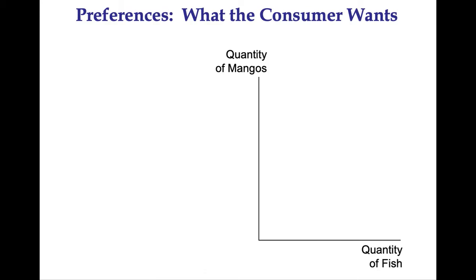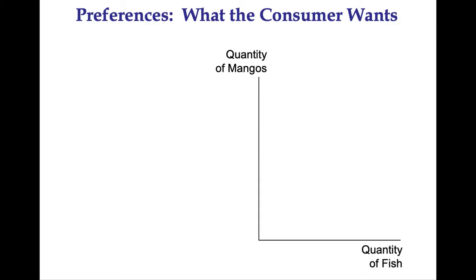So when we talk about preferences, we mean the satisfaction and well-being of the consumer. Besides the budget limitations, this is the second factor that affects consumer decision making: what he wants, what he prefers. So his preferences mean his satisfaction.